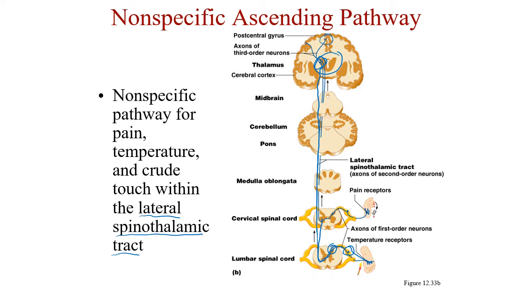And now we know that there's been a change in temperature. In this case, it's becoming hot. And pain is going to go through a similar pathway as well, and then end up in the part of the brain for the hand also.